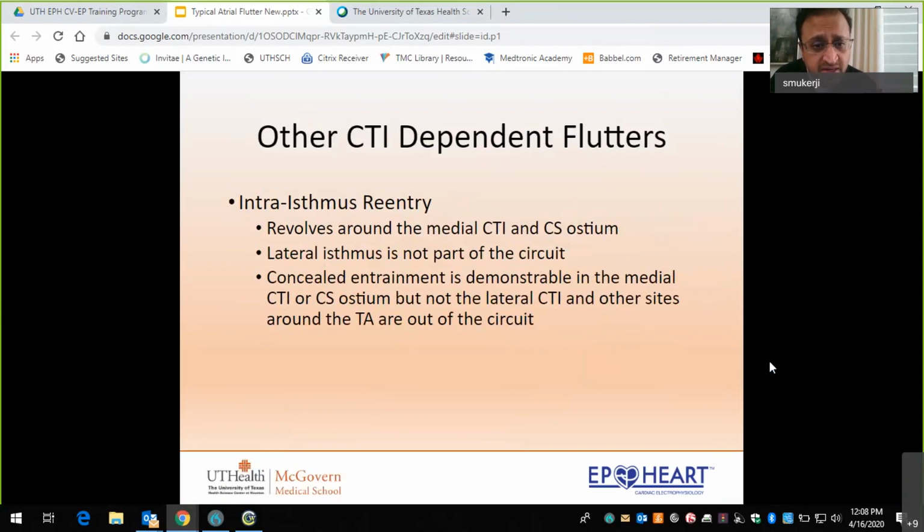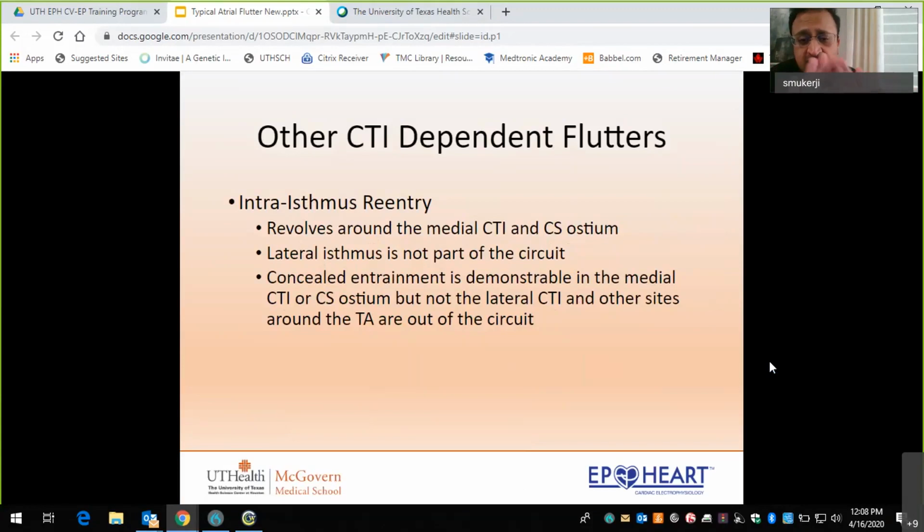The intra-isthmus reentry, yeah, this is something we can see in this kind of tachycardia. Again, it's a part of the CTI, but it's more around the medial CTI and closer to the CS. And truth be told, this happens more often than we believe it to be so. We just probably don't recognize it because we're ablating at 35, 40, sometimes even 45 watts, and the catheter is kind of going from the lateral aspect to the medial aspect.